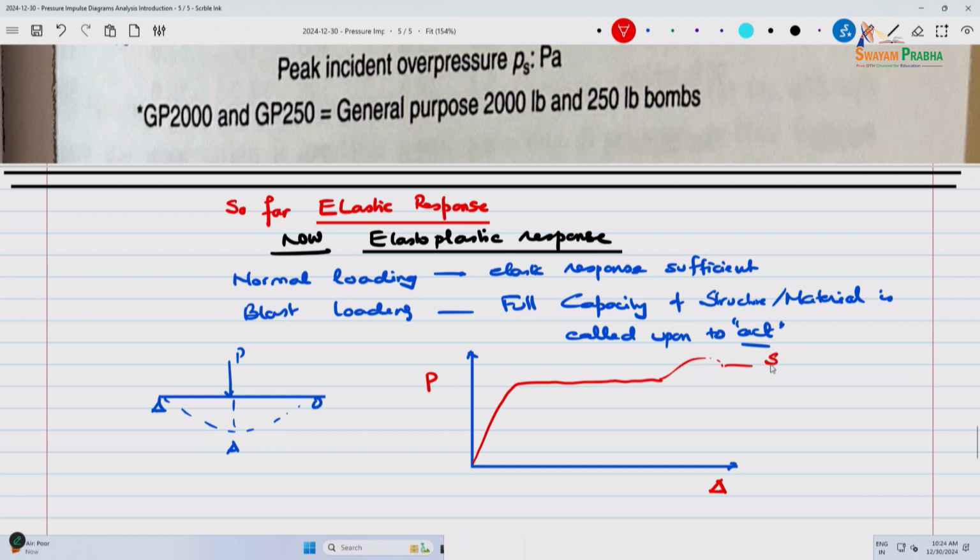So, this would be for a steel structure. So, you're analyzing a steel beam, steel column, other such things. You could have a response something like this. It's quite ductile. Even in concrete, it does have some, but clearly it does go down. It's more brittle in nature.